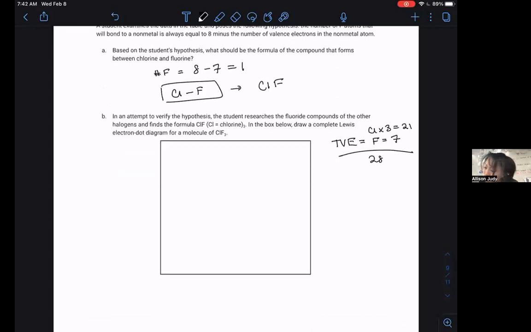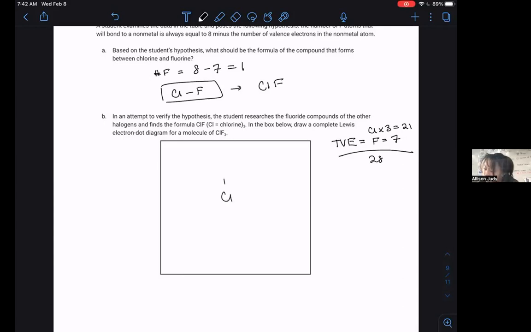So for your structure, chlorine is written first, and we know it has to be the center one simply because we have 3 Fs around it, and we tend to write the central atom first. We also know that chlorine is slightly less electronegative than fluorine, so it would serve as the central atom.